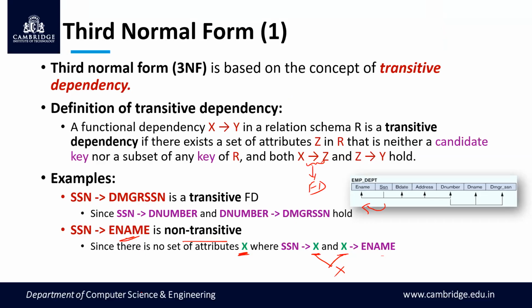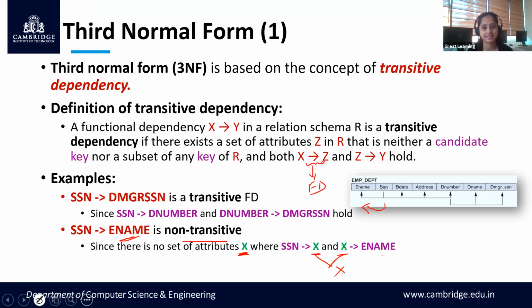Ma'am, you said there is Z determines Y. Actually, Z uniquely identifies Y, but you said it should not be a primary key. I've combined the employee and department tables here. See the underline where it is. Here my primary key is SSN only. There is no other candidate key.